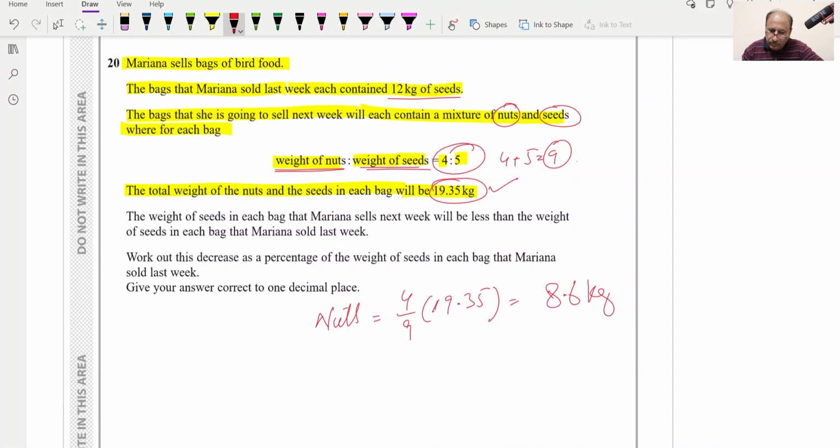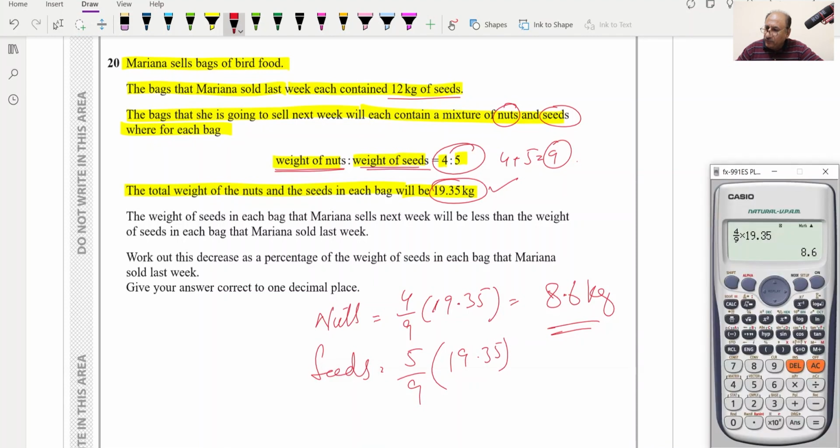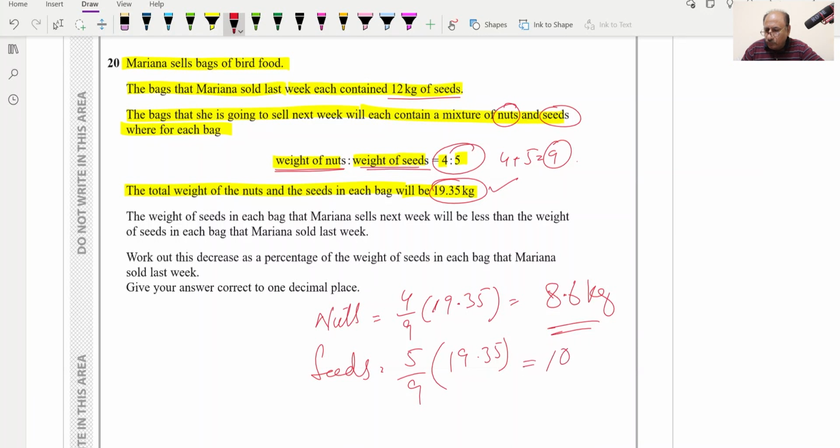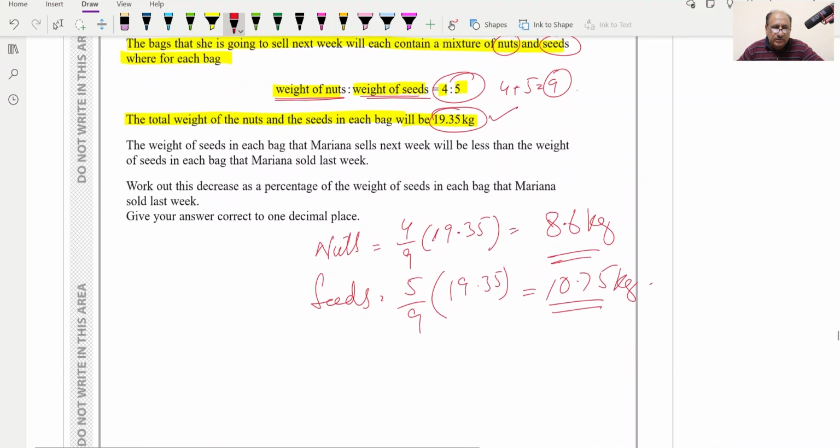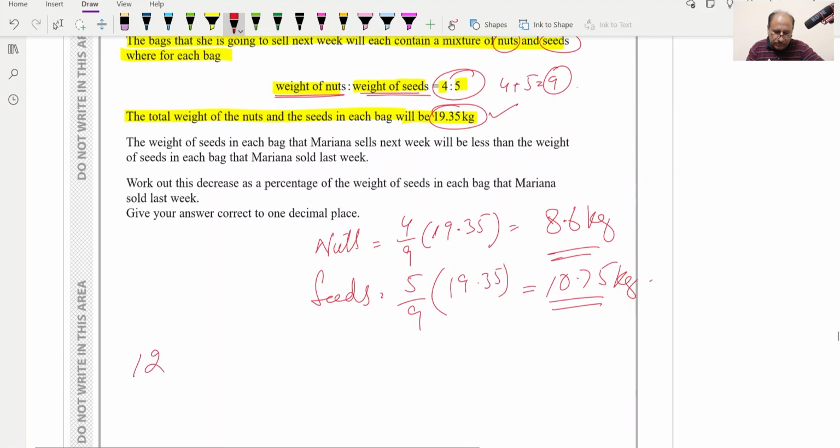And seeds will be 5 by 9 of 19.35, which is equal to 10.75. So 10.75 kg will be seeds out of 19.35 kg. Instead of 12 kg, now she will be giving 10.75 kg seeds.